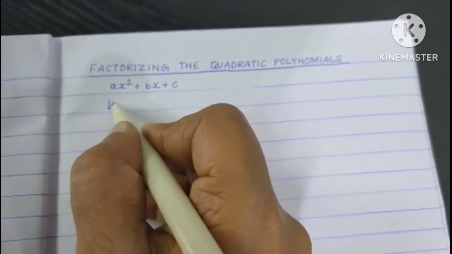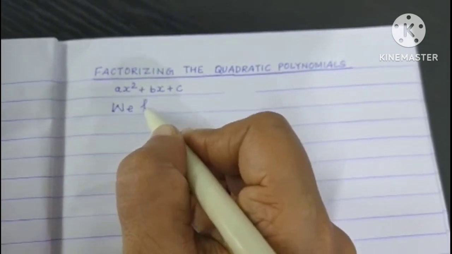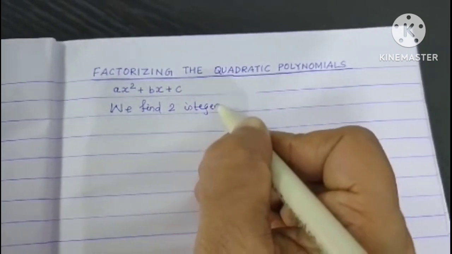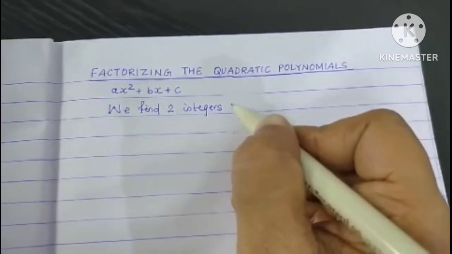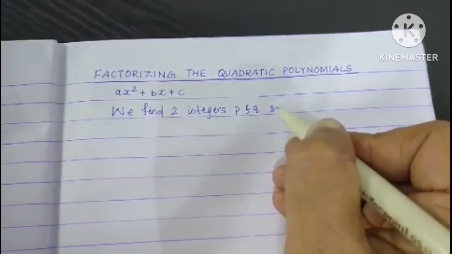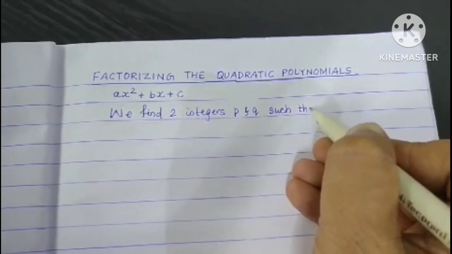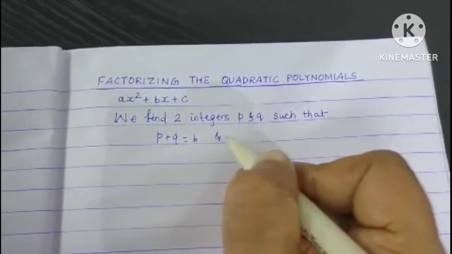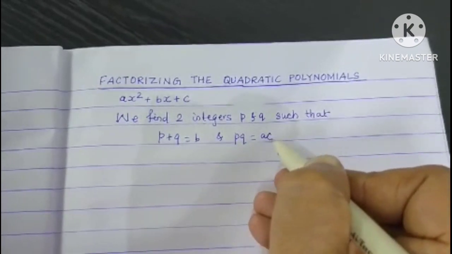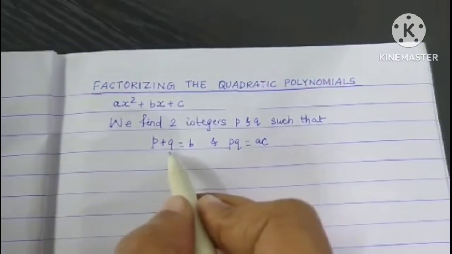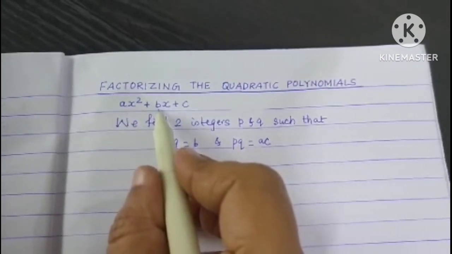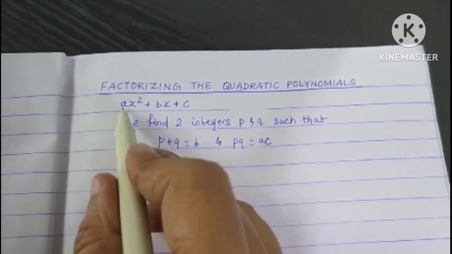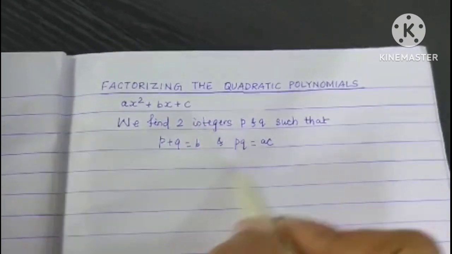Now our process will be like this: we find two integers p and q such that p plus q is equal to b, and pq is equal to ac. This p plus q is equal to b, the middle term, and this pq will be equal to the multiplication of the coefficient of x square and the constant term, ac.